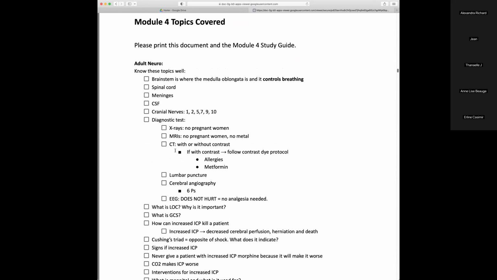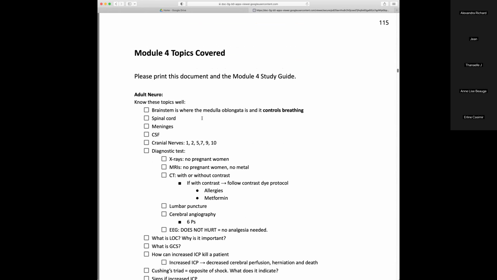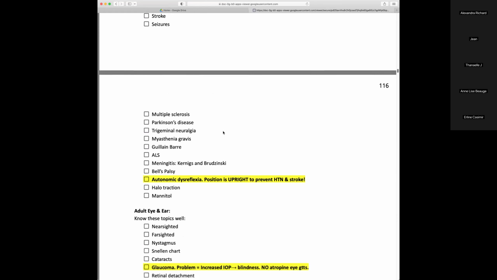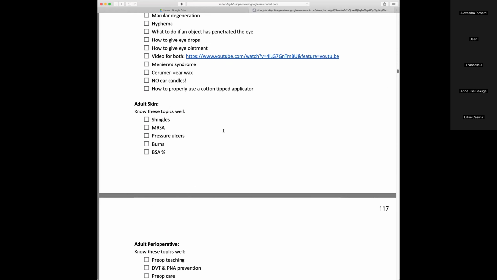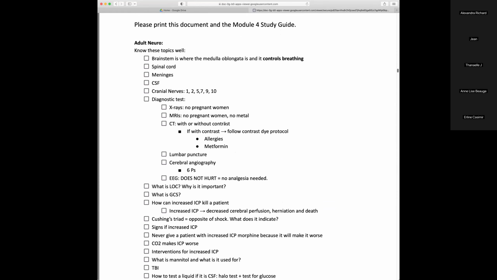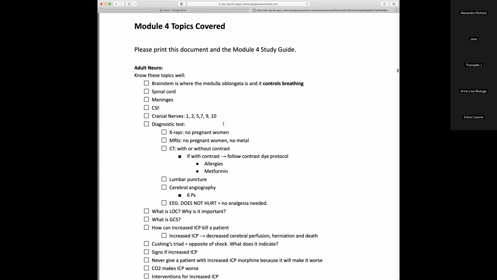You have to read the entire chapter, and this list, which starts on page 115, you have to make sure that you understand every disease or condition that is on this page. If you do, you will be good to go for these body systems for the NCLEX.